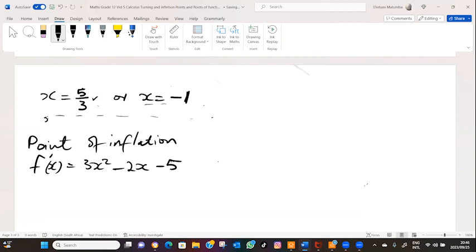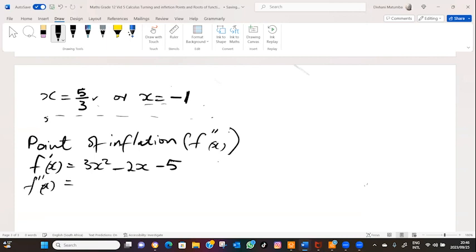Now, in order to find the point of inflection, we need to find the second derivative, which is the derivative of the derivative function.